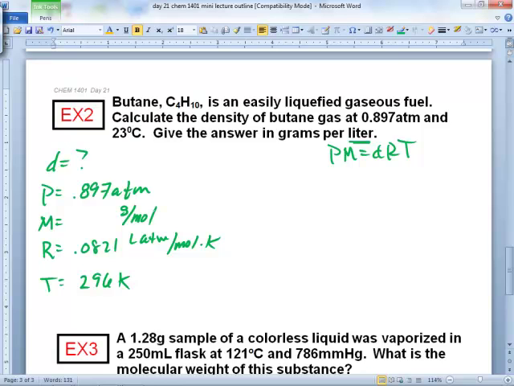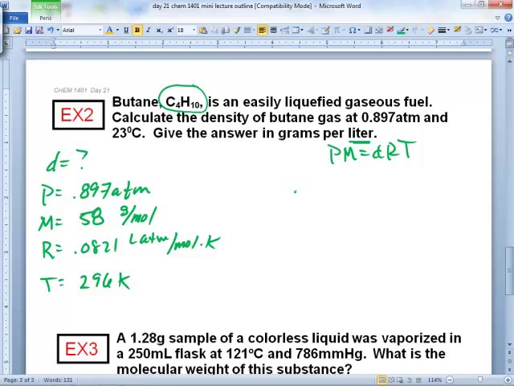So we need the molar mass, Kelly, of C4H10. So it would be 4 times 12 plus 10 times 1. Just 58, right?